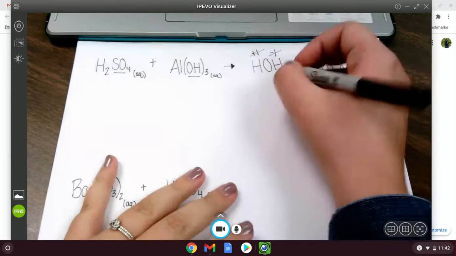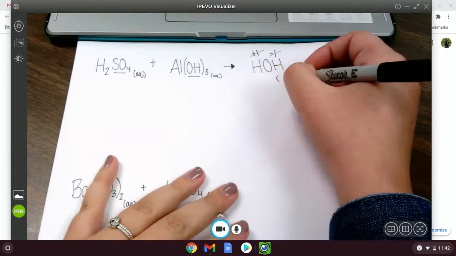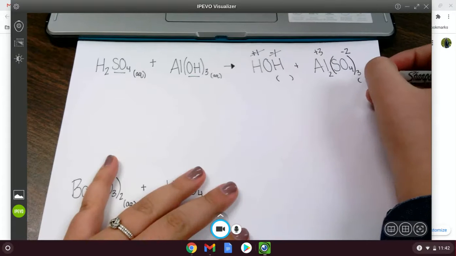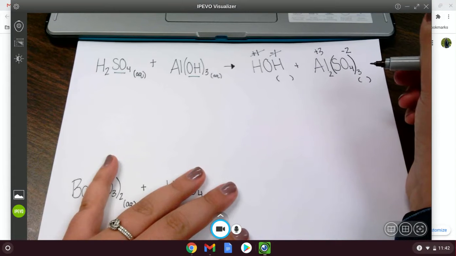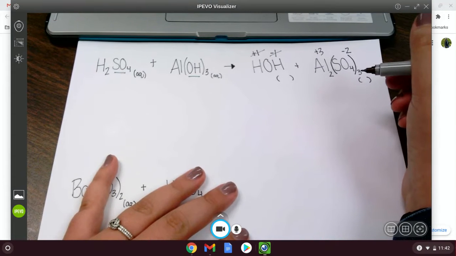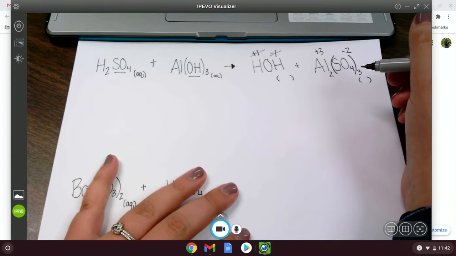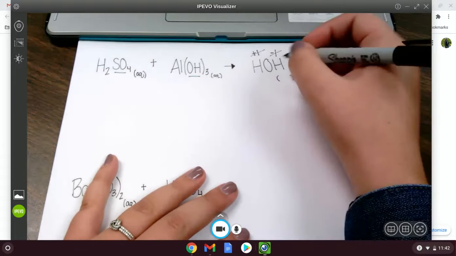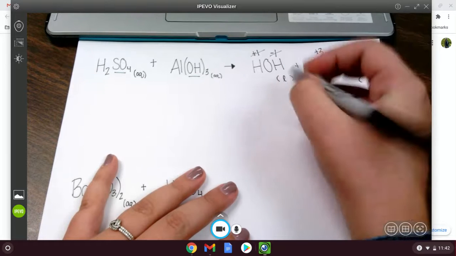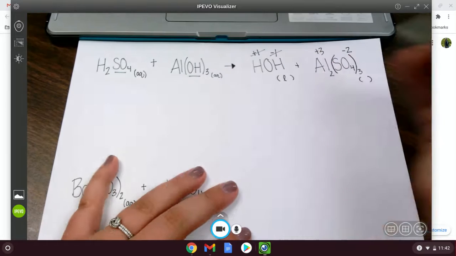So now I need to determine the states of matter. HOH is another way to say H2O. H2O is water. Water is always a liquid, so I'm going to put an L in my parentheses.